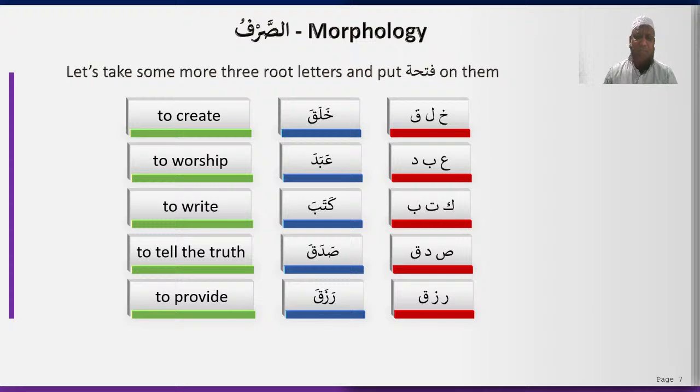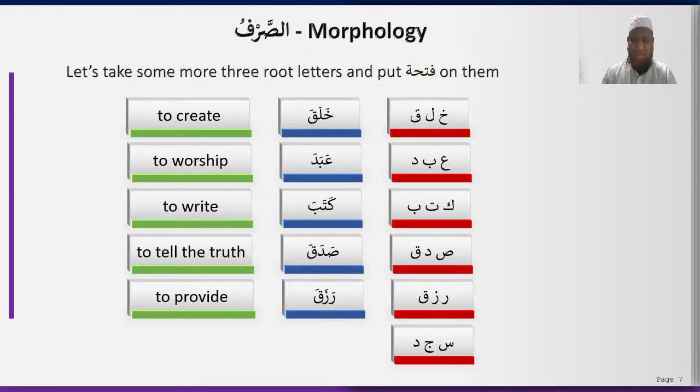How did we put fatha on the aynul kalima? Well, we didn't. This is how the verb is. Khalaqa, abada, kataba, sadaqa, razaqa. These are the verbs that fall in the group of aynul kalima having fatha.